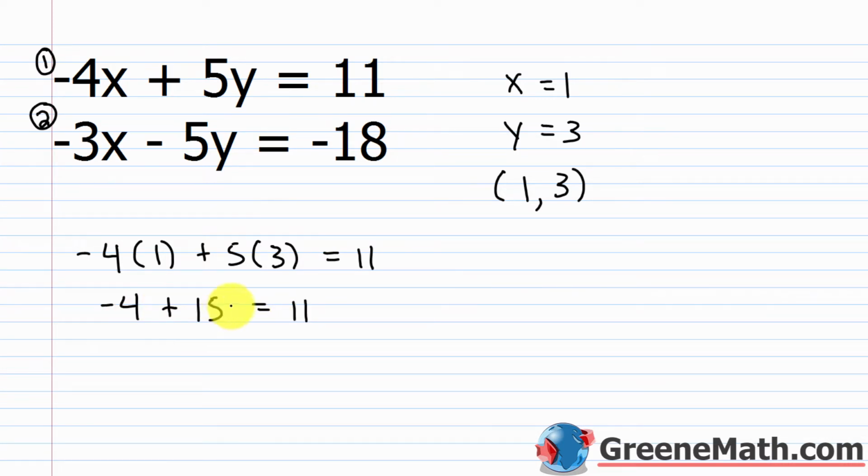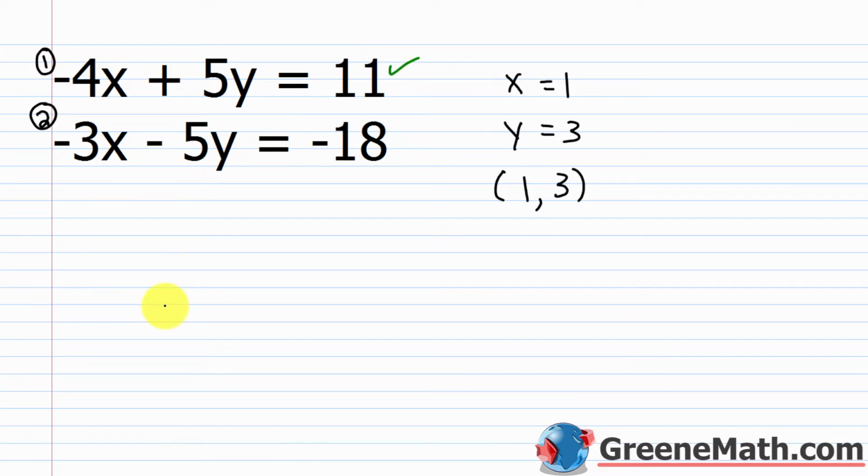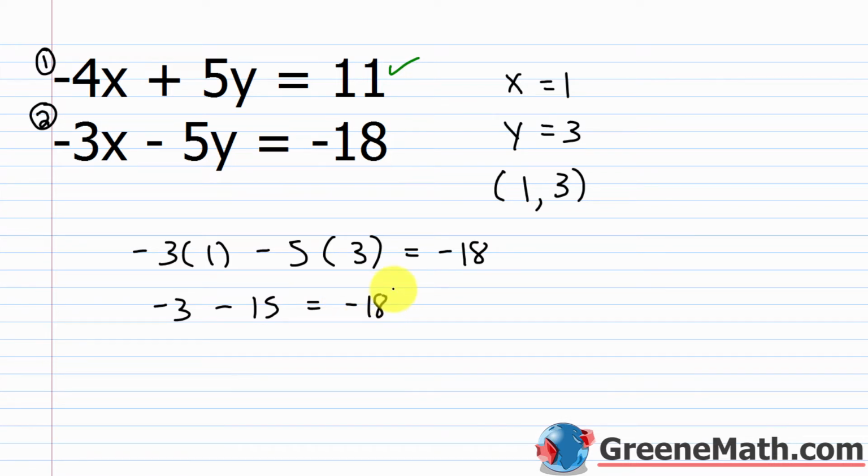Negative 4 plus 15 is 11, so you get 11 equals 11. Yes, it works as a solution for the first one. For the second, I have negative 3 times 1 minus 5 times 3 equals negative 18. Negative 3 minus 15 is negative 18, so you get negative 18 equals negative 18. It works out here as well.